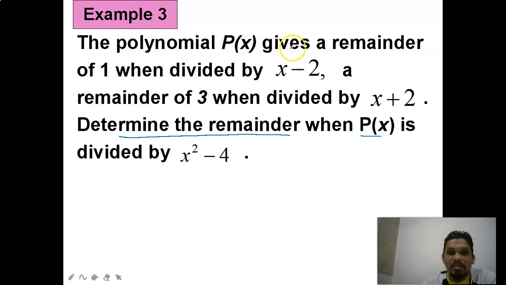The polynomial gives a remainder of 1 when divided by x minus 2, meaning p(2) equals 1. And when divided by x plus 2, the value of x equals negative 2, and the remainder equals 3.